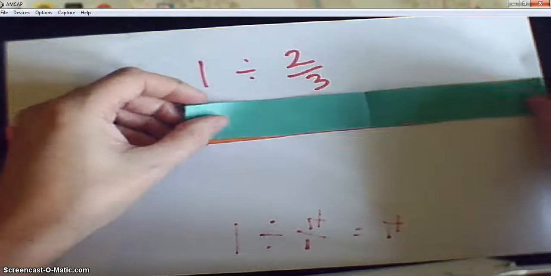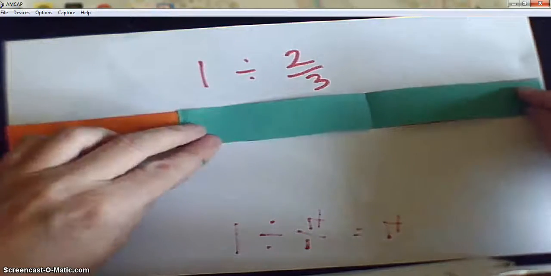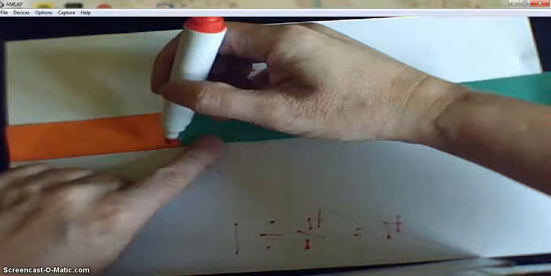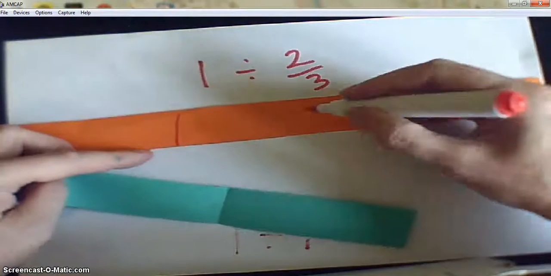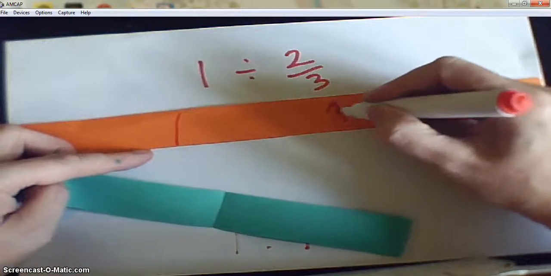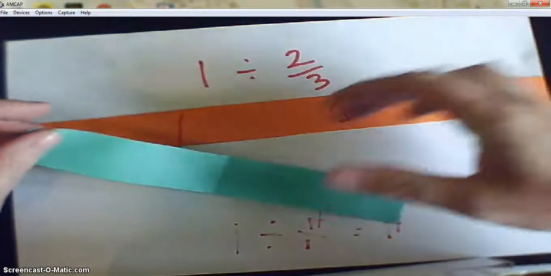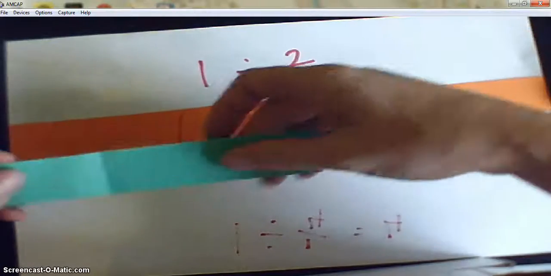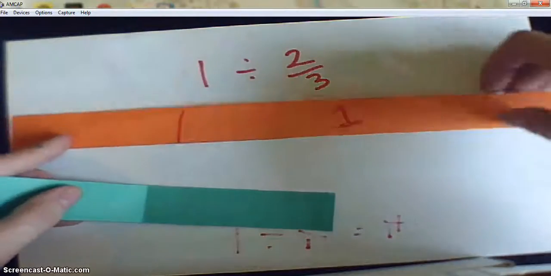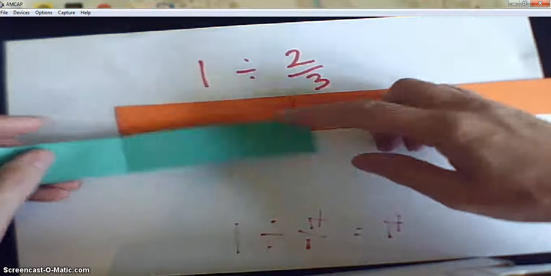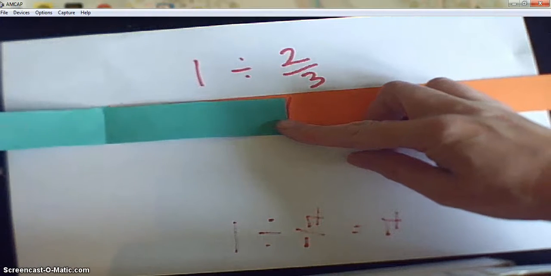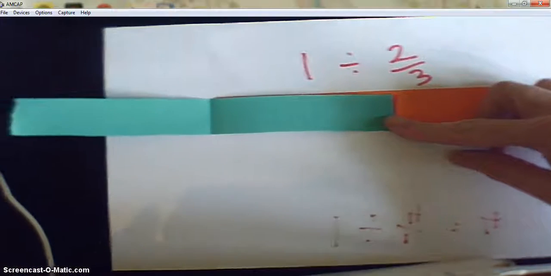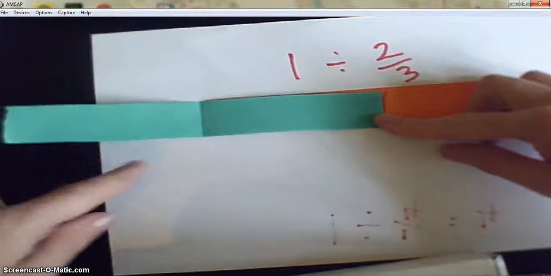Yes? Now we're going to see how many times this fits in to the 1. Well, as I go over, I can tell that it fits in 1 whole time. There it is, number 1. But now look at the strip here, and this is the important part, where it really gets you thinking. This bit here, oh look, it fits in once there, but out of how many? What now is the size of this piece here?